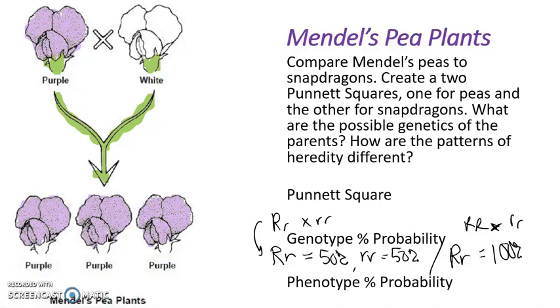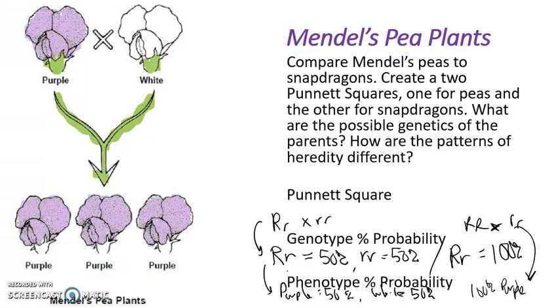In phenotype percent, the outcome here would be purple 50%, white 50%. And on the outcome here, they'd be at 100% purple if it was homozygous dominant versus homozygous recessive.